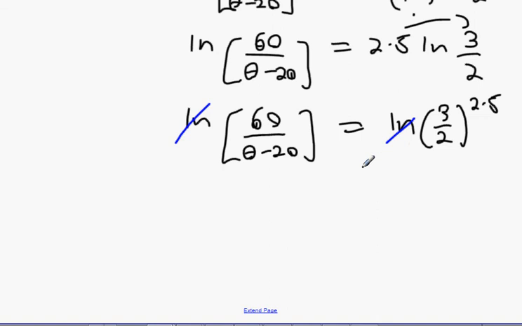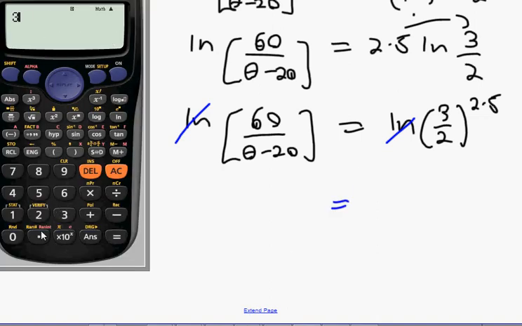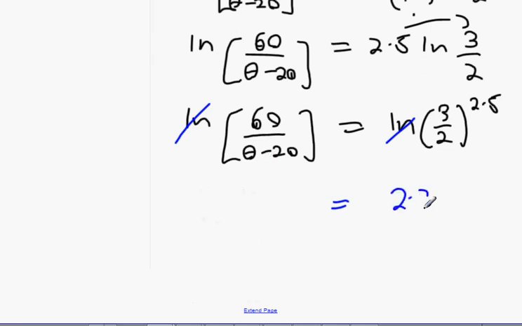And then what I'm going to do is find out what 1.5 to the power of 2.5 is, and that will be 2.756. So 2.756 is what all this is here, and that is going to be multiplied by theta minus 20.